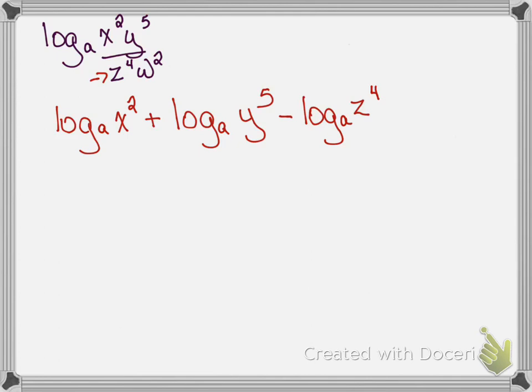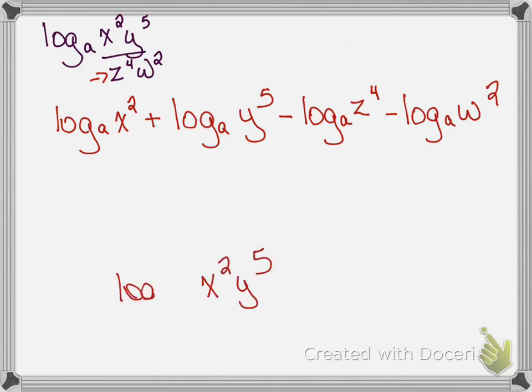I understand, though, why you say multiply or add, because it's being multiplied to the z. So it is division, and let's talk a minute as to why. If I've got x squared, y to the fifth, and I want to rewrite z to the fourth, but I want to put it in the numerator, how would I write that?